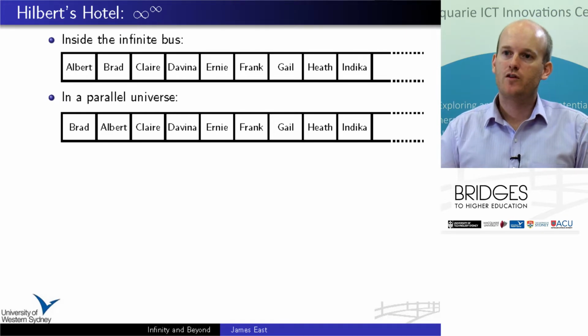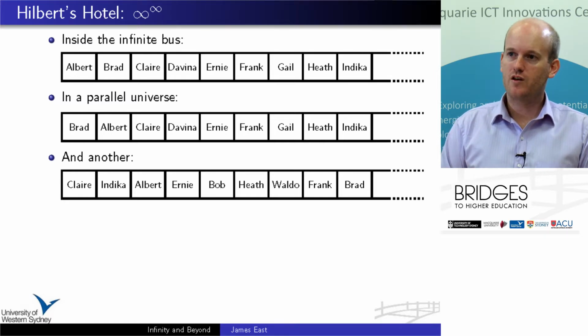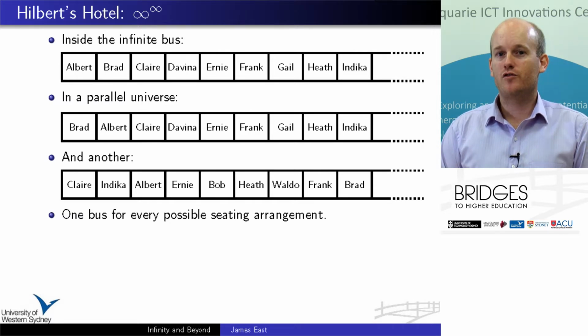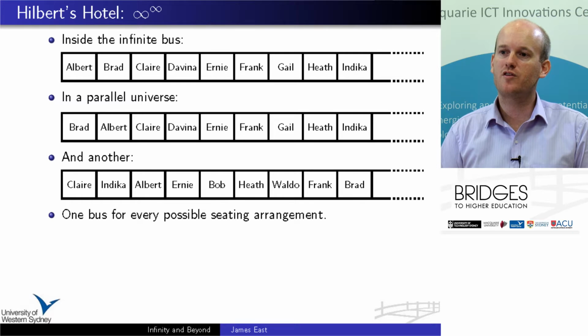All right. You can imagine another alternate universe where this time Claire is in the front seat, Albert is now in the third seat, Ernie is in the fourth, even Waldo is making an appearance now. And imagine a universe for every possible way that the people could have sat themselves on this bus. Okay, it's the same people in each bus, but it's different arrangements from one bus to the other.